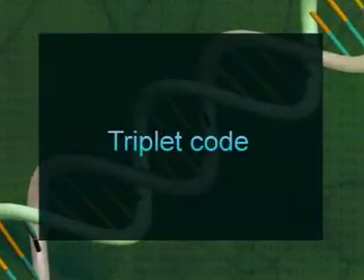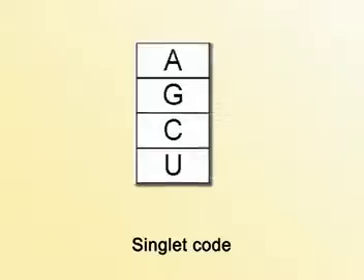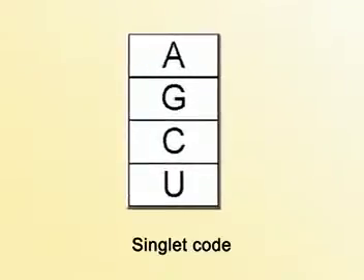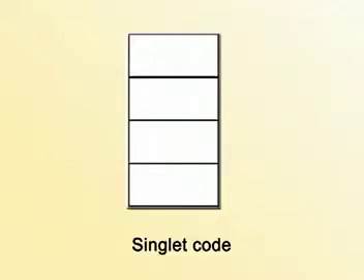Triplet code. A singlet code means one-to-one correspondence between nucleotides and amino acids and has been ruled out by biologists as the nucleic acid codes for only 4 types of amino acids.